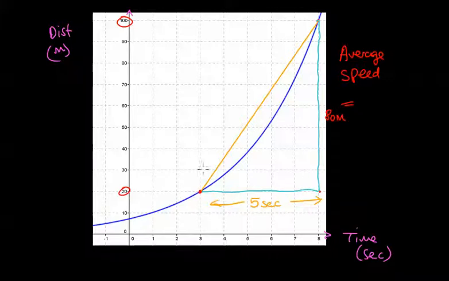It hasn't travelled at a constant speed because the graph is curved, so we're not really caring about this curved blue bit now. But we want to know what the average speed from 3 to 8 seconds is. Well, if it's travelled 80 meters in 5 seconds, all we need to do is 80 divided by 5, which is 16. 16 meters per second.